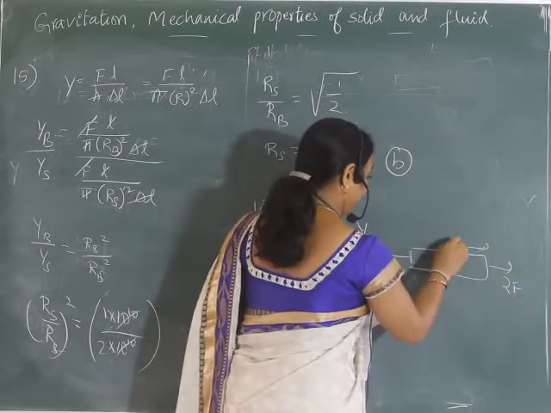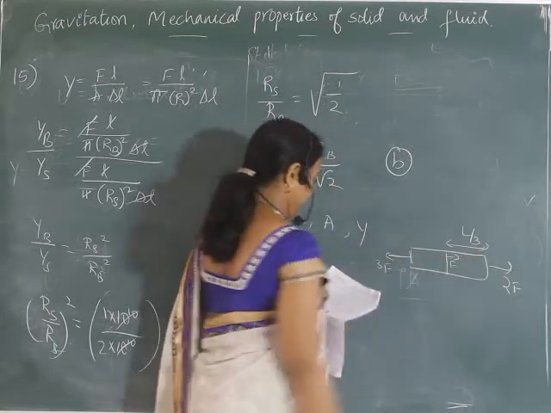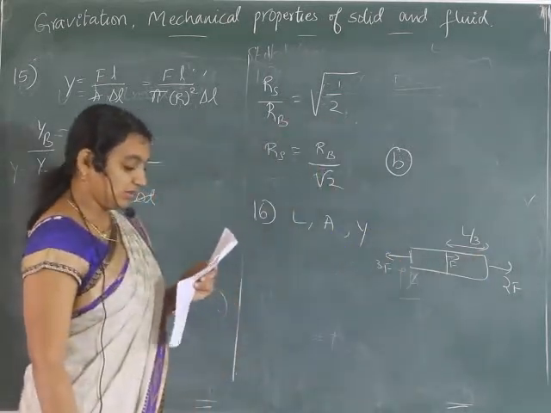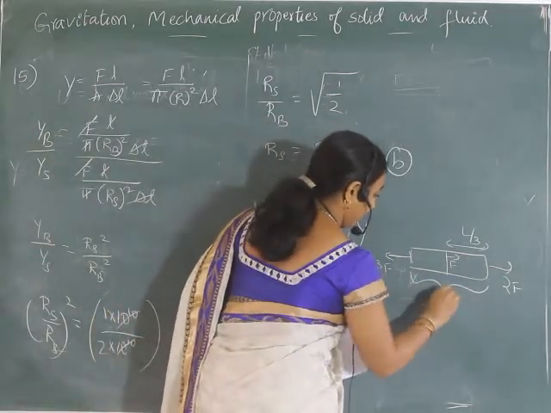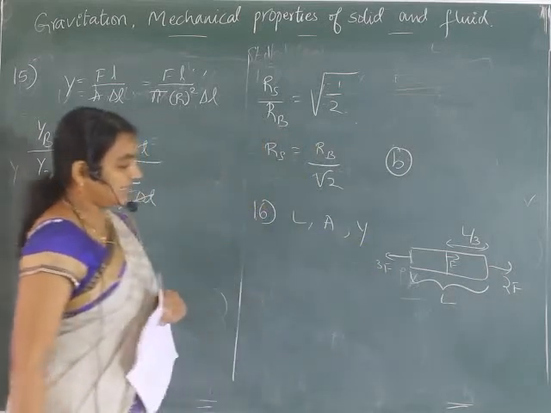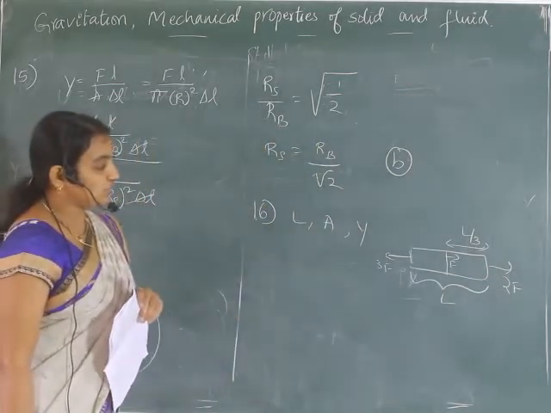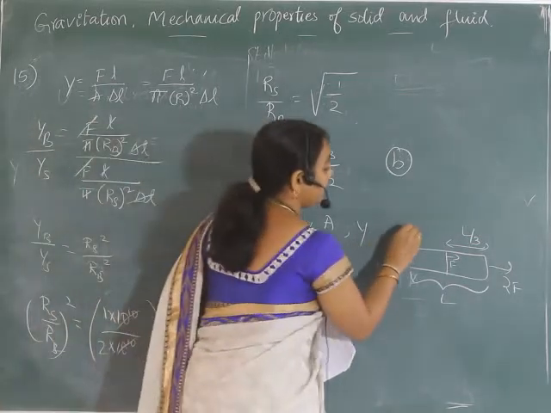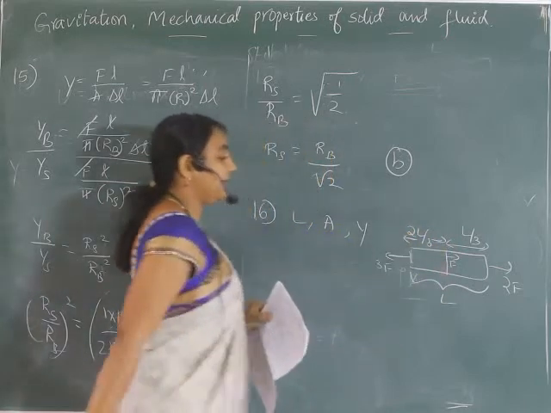The length of this one is L by 3. They did not say whether it is from the center or what. Full length is L, so this part is 1 plus 2, 3, so 2L by 3. Correct? This length is 2L by 3.